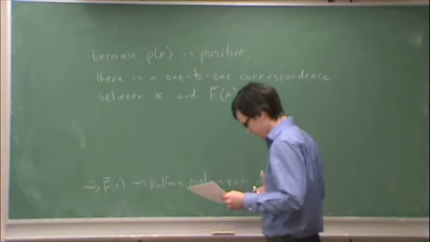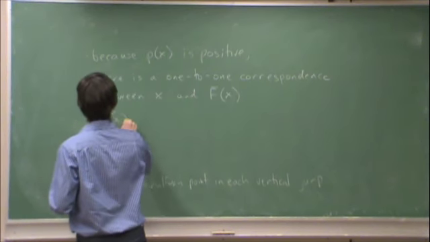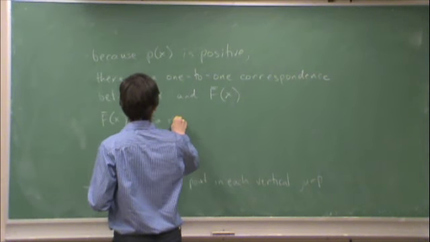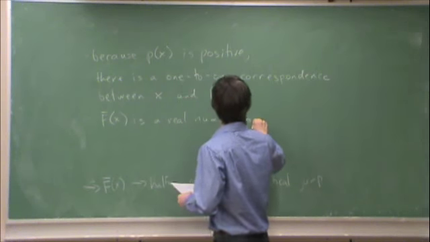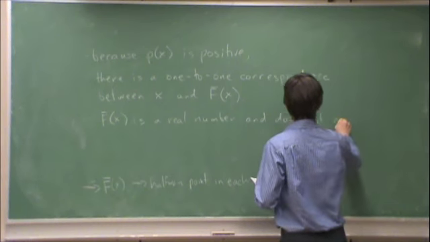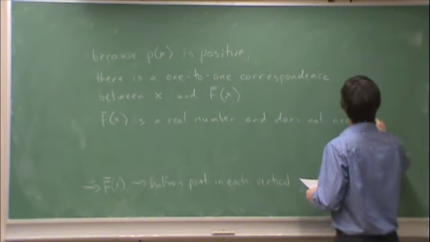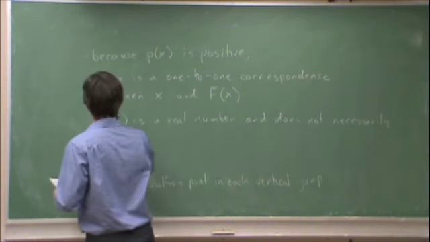There's a problem because f bar of x is a real number and does not necessarily have a finite representation in binary.